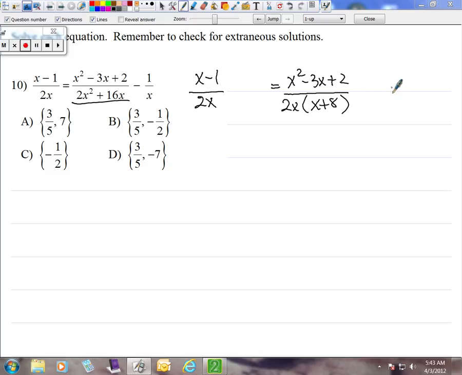Now remember here, we got a minus. So we need to add the opposite, negative 1 over x. So, looks like our least common multiple is 2x and x plus 8.